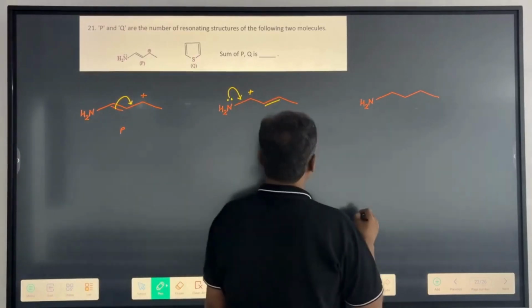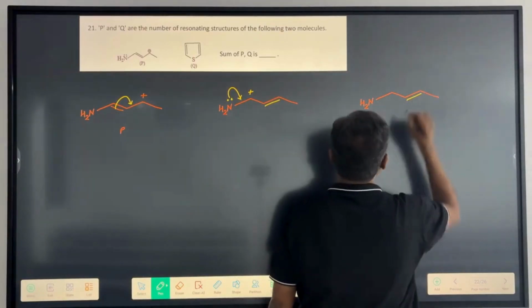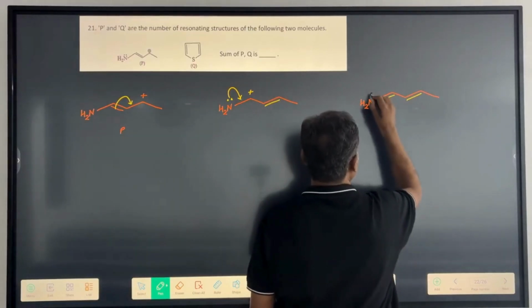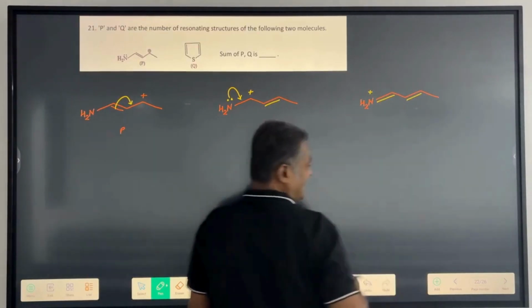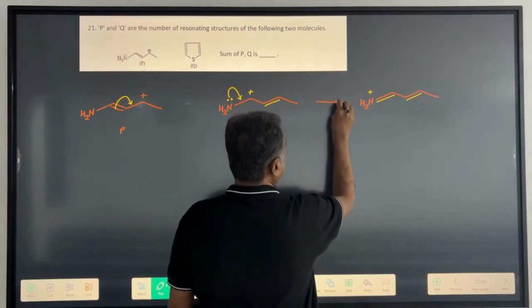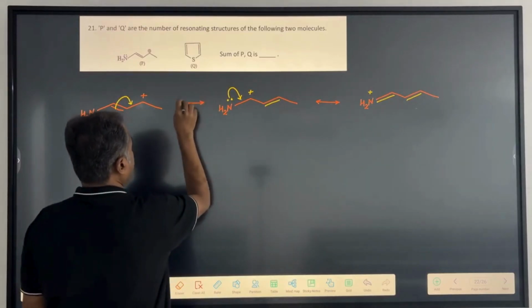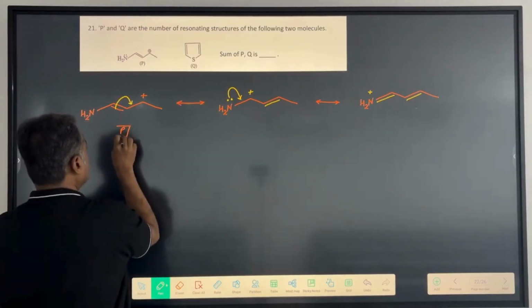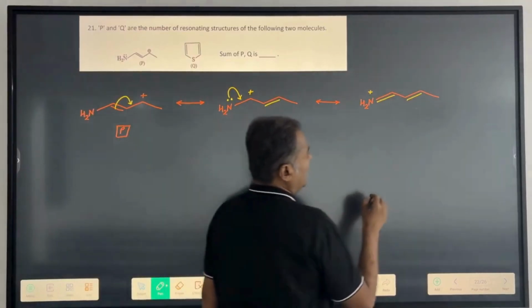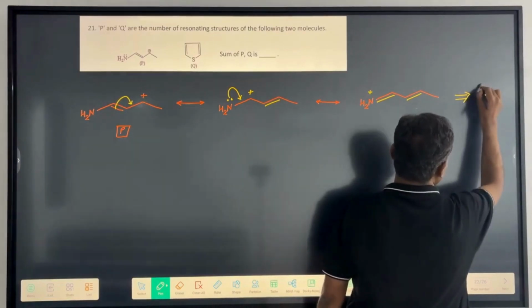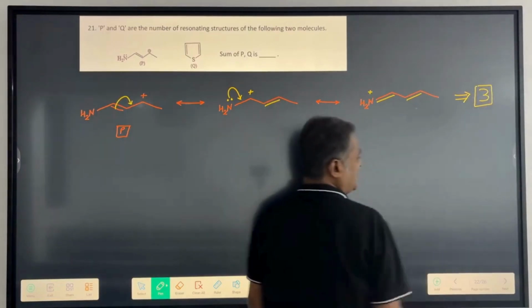So here you have a pi bond, and because of delocalization you have a pi bond over here, so your plus charge is generated over here, and hence these are resonating structures of the ion given to you, which is P. So in all you have 3 resonating structures. Now let's take the next example, child.